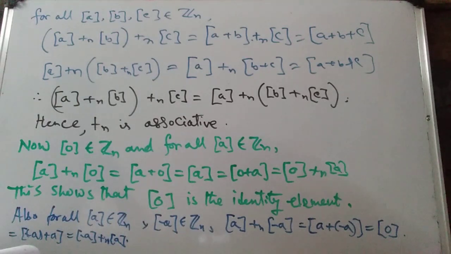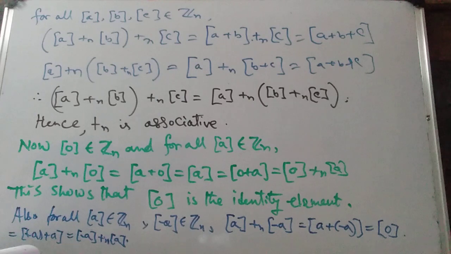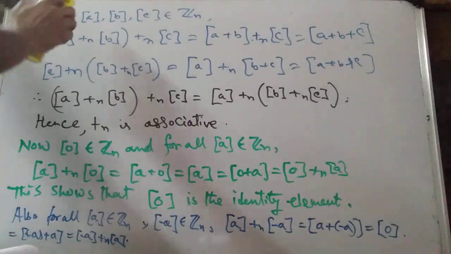Not a problem at all. Understood? Then we also write it now, thus minus a class is the inverse of class a. Okay, so now we erase that portion and go on to further discussion of that.